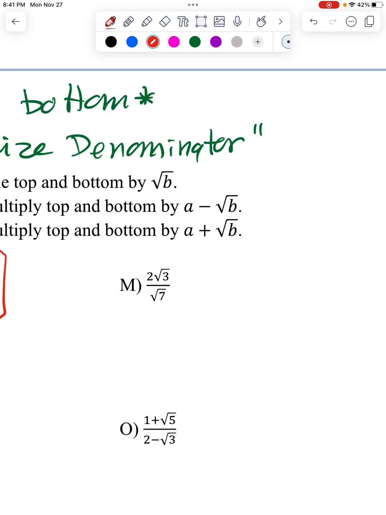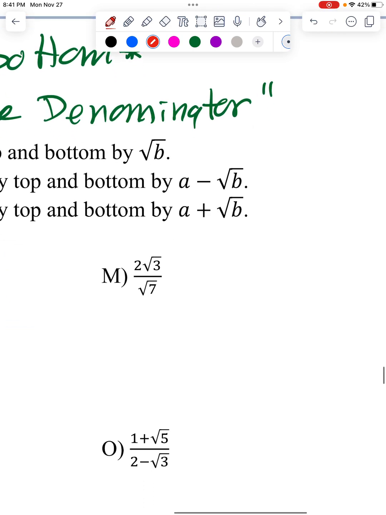So here, this one's kind of weird, but to get rid of the root 7, I just use another root 7. Whatever I do to the bottom, I do to the top. So the top, from what we learned above, the 2 is the only thing on the outside, but the 3 and 7 are together inside, so they'll become a 21. And then on the bottom, root 7 times root 7 will just turn out to be a 7 because it would actually be a root 49, but the square root of 49 is 7.